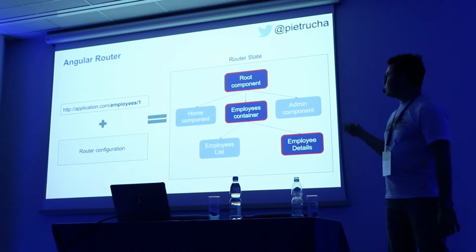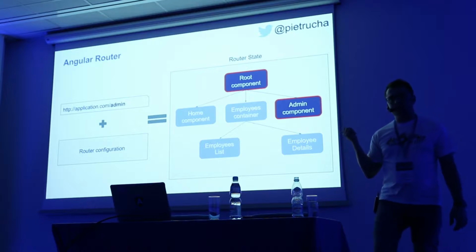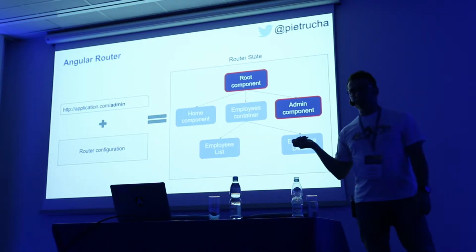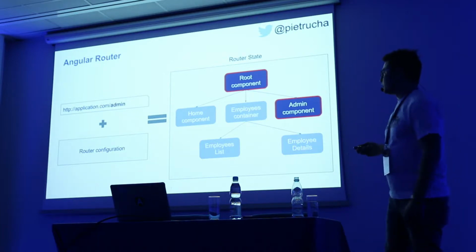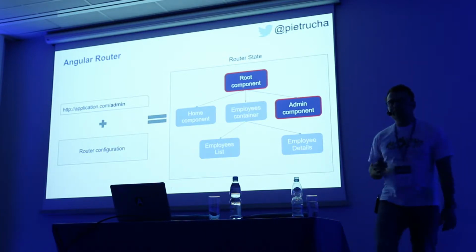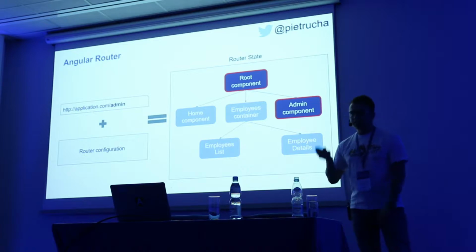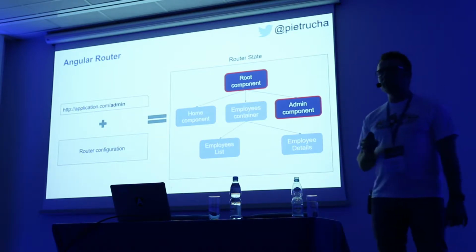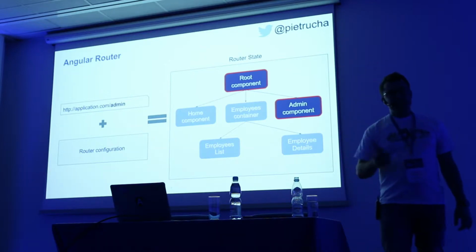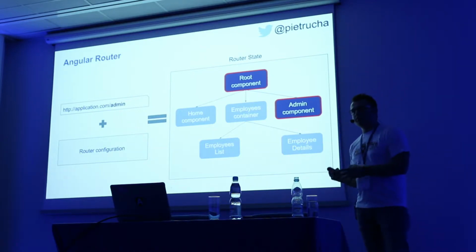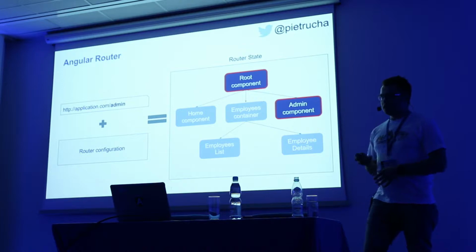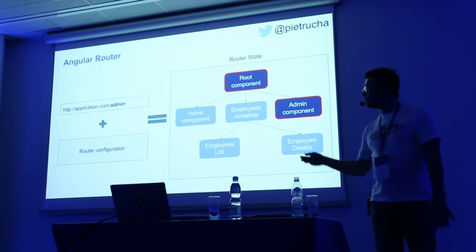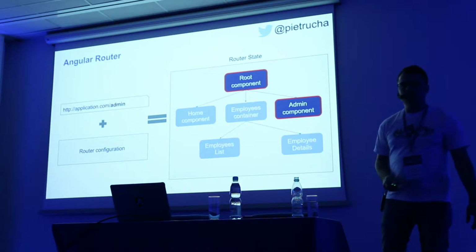So imagine that we are changing the particular state to yet another one based on the configuration for the router and the particular URL. In AngularJS, we had a concept of application state. The Angular 2, 4 and 5 router is based purely on URL. This is by design because it allows us to later implement lazy loading. So we navigate through those states strictly relying on the URL.